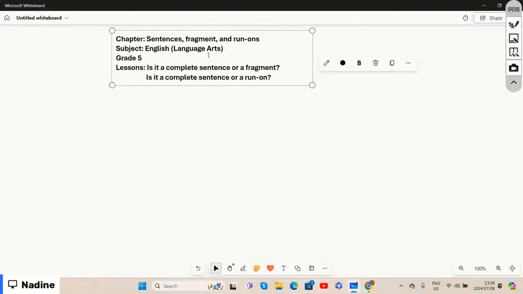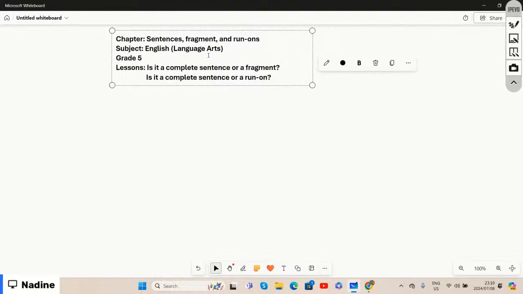So if we recreate a sentence, and the sentence is missing a subject that tells us who or what is doing the action, then that is a sentence fragment because it's not a complete sentence. Or if in the sentence we have a person, animal, or thing, but they're not telling us what they are doing, then that is also a fragment because the sentence is not complete without a subject as well as a verb. It needs to have both, right?